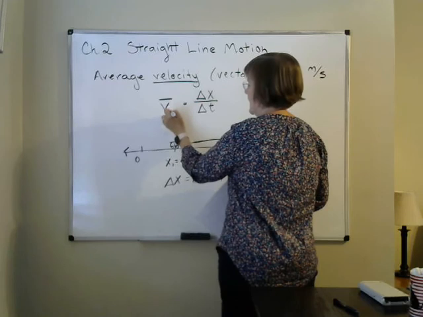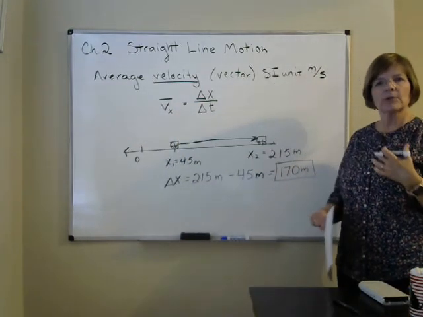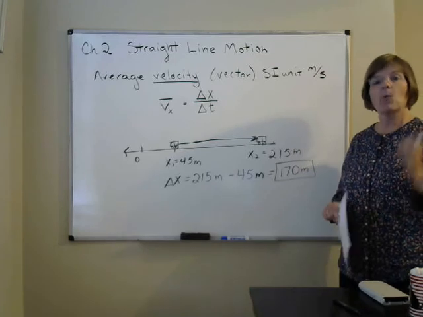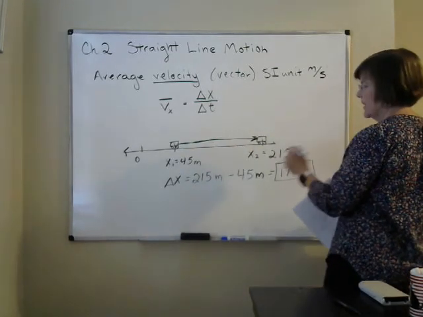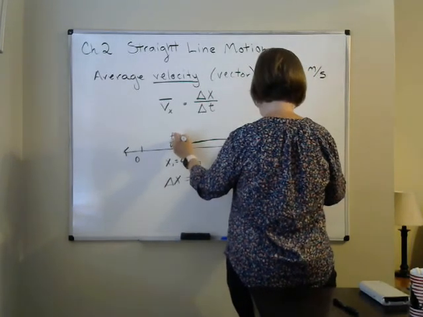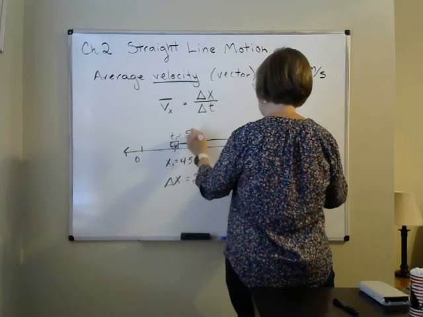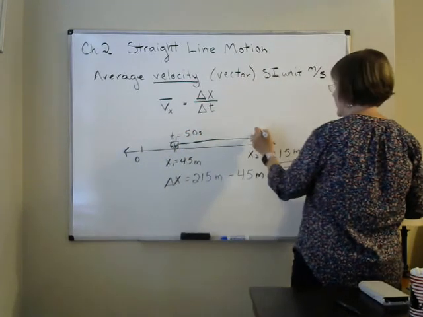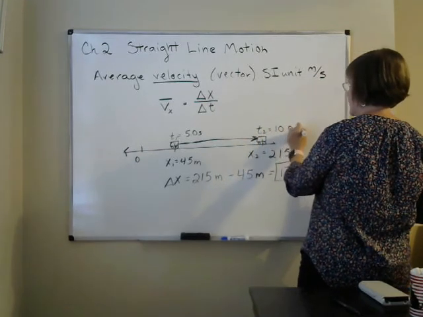Sometimes you'll see an x to indicate that this was a velocity in the x direction. This is a horizontal problem. There aren't going to be any y's in it. In this case, let's suppose that at this particular location, t1 was 5 seconds. And here at t2, somebody checked their clock and it said 10 seconds.